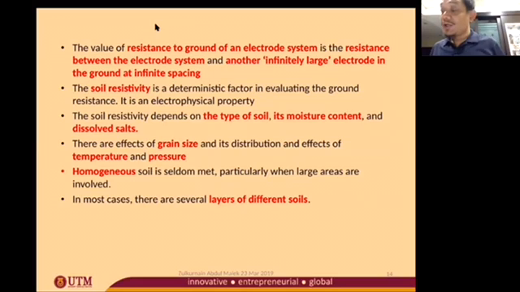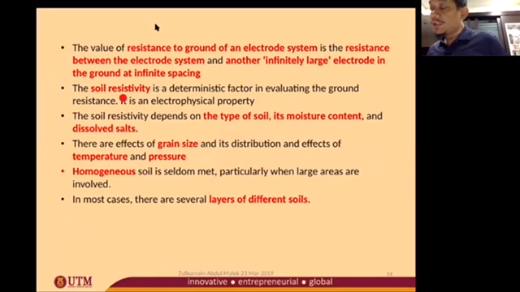But we're going to look at this concept of an infinitely large electrode in the ground at infinite spacing. Just remember these two terms later on: the electrode that you bury, and the infinitely large electrode.